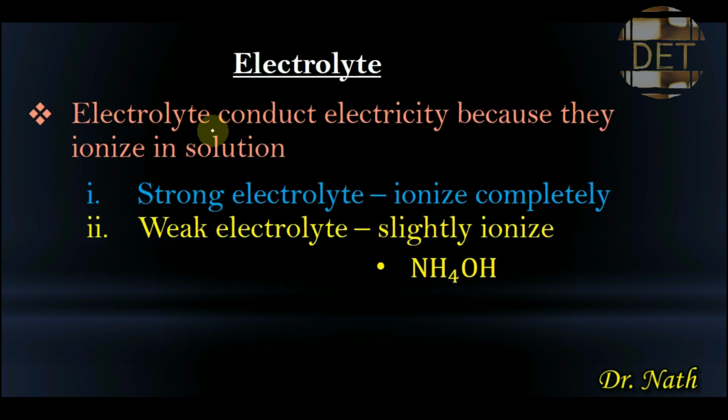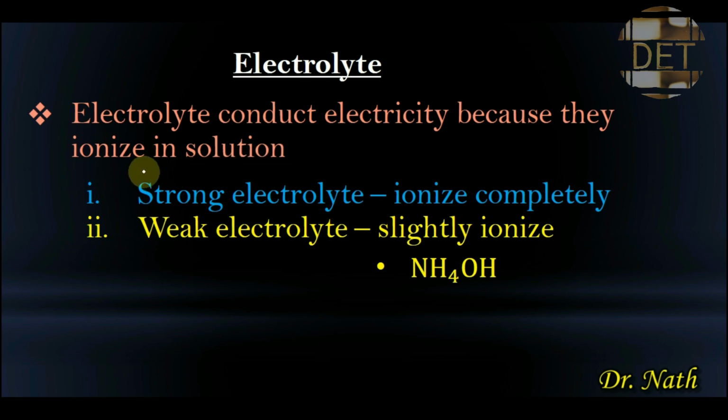Electrolytes, like we said, are molten compounds or compounds in solution which conduct electricity, and they are decomposed at the electrodes during electrolysis. And from what I've explained before, electrolytes conduct electricity because they ionize in solution. This is the basic reason why they can conduct electricity.